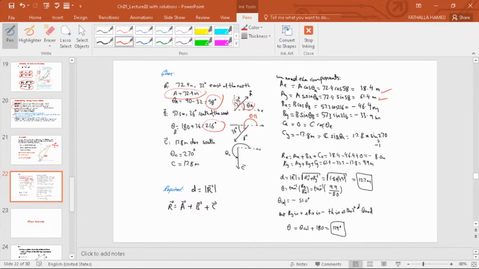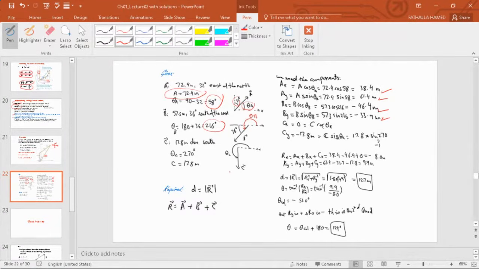And then you will take your x component as B cosine, so it is 57.3 cosine 216, and it gives you a negative value. Because of adding this 180 degrees, you know that you are in the third quadrant, and it gives you a negative value for your x component and a negative value for your y component.